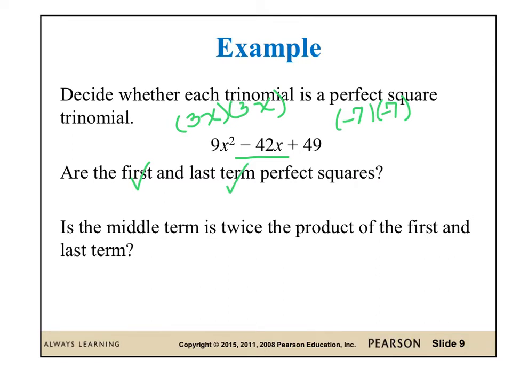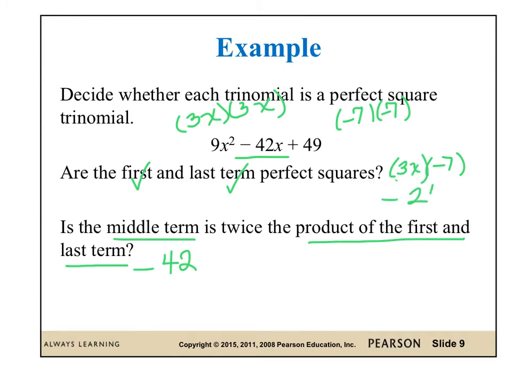Yes. Is the middle term, which is negative 42, twice the product of the first and the last? Well, the product of the first and the last is -7 for the last term and 3x for the first term, which is -21x.